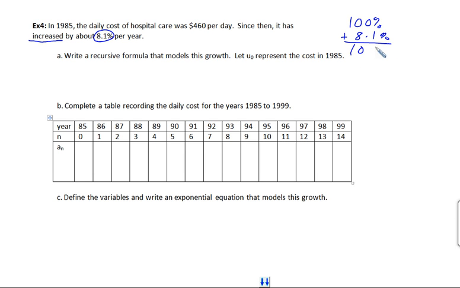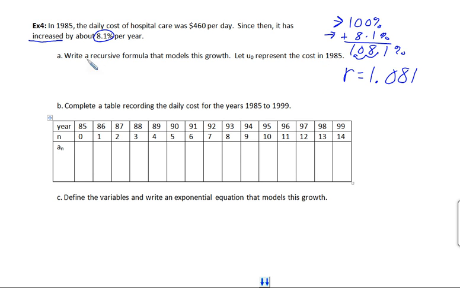So that is 108.1% that is going up each year, and we're going to change that into the decimal form. So our common ratio here is 1.081. So the 100% plus 8.1 more. That's how much more it is.